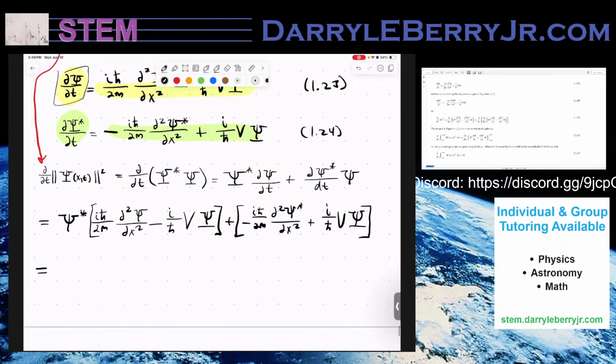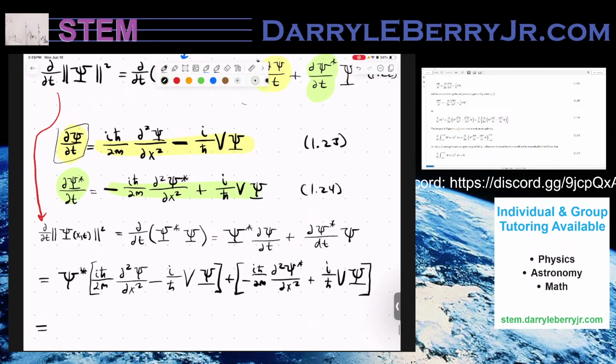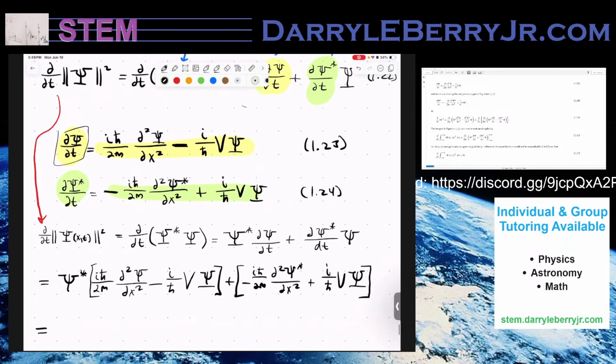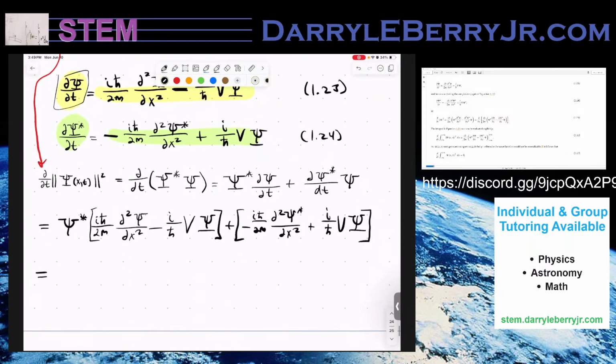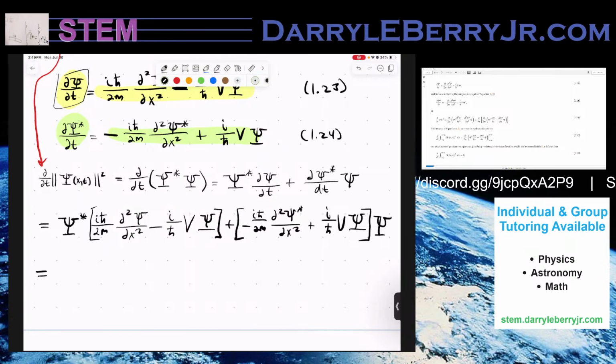What multiplier am I leaving out? Ah, I'm leaving out the regular psi on the back end here. All right. So I'm trying to look at this to see what's the most convenient way to simplify this and pull everything out.